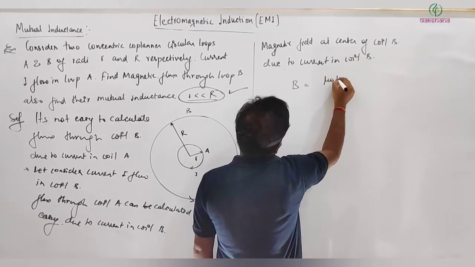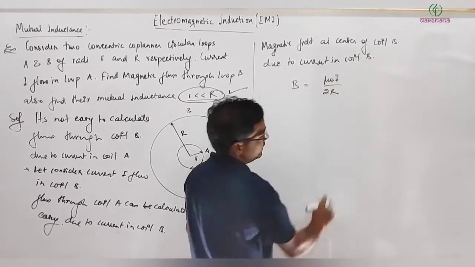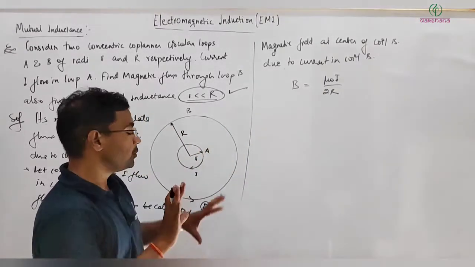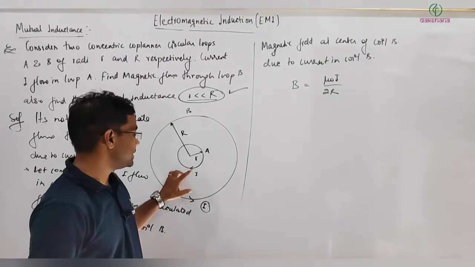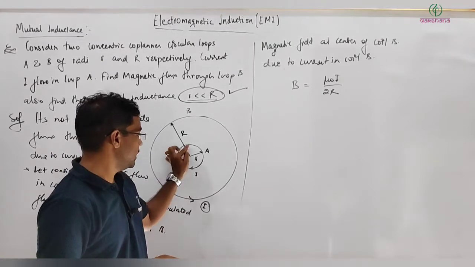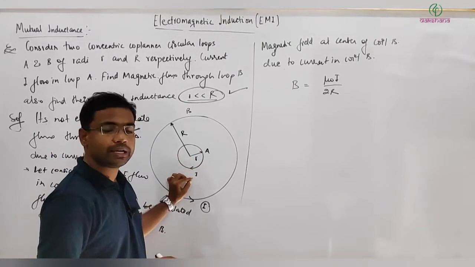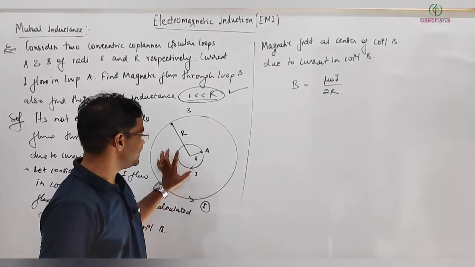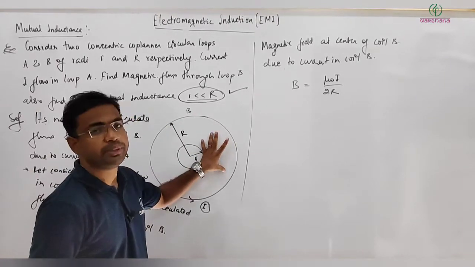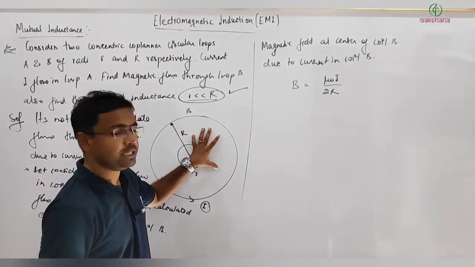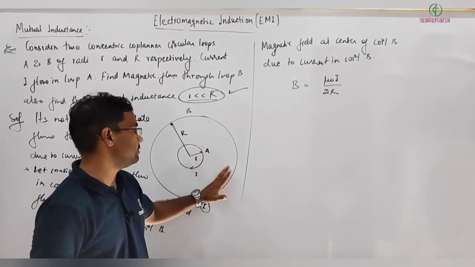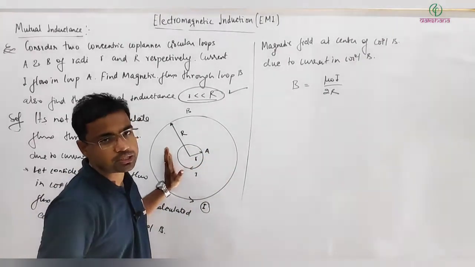This is mu naught into I divided by 2R. Clear? So what we are doing here: in the question, it's given that in coil A there is some current I flowing. Due to this current, it is asking the magnetic flux through coil B, and the point is it's very difficult. There will be variation and the integration will also not be easy.